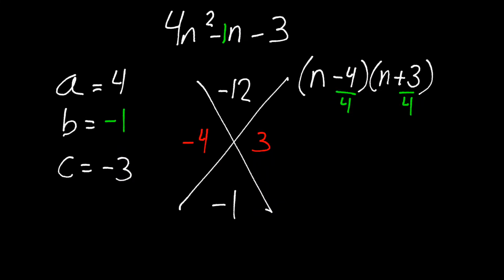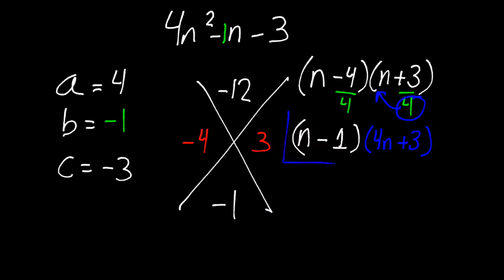That'll become n minus 1. 3 divided by 4, that's going to give us a decimal. So we have to see if we can simplify this fraction, which we cannot. 3/4 is already in simplified form. So that 4 is going to slide up to the front. And we have 4n plus 3. And this is our answer.